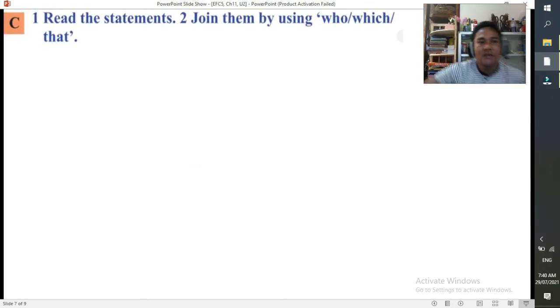Okay, so now we move to section C. Yeah, section C. They want you to read the statement to join them by using who, which, and that. This unit I don't explain you about how to use who, which, that to combine the two sentences, because we studied already that we call it relative pronoun.